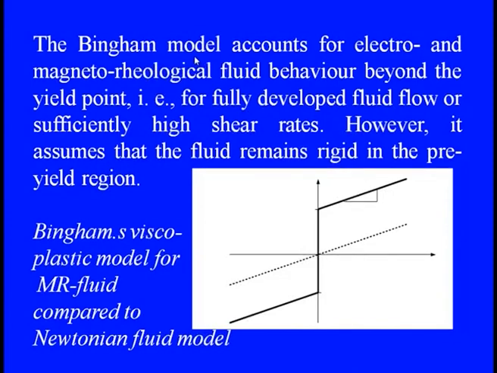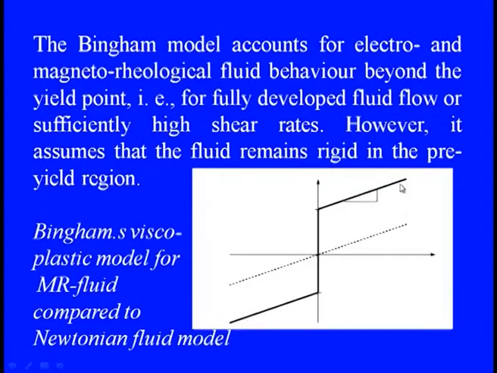But we also assume that the fluid remains rigid in the pre-yield stress region. As you can see in the diagram, from 0 up to this point, the viscous part is so dominating that it is not exhibiting any kind of flow.